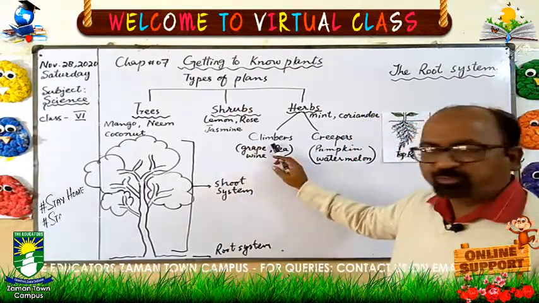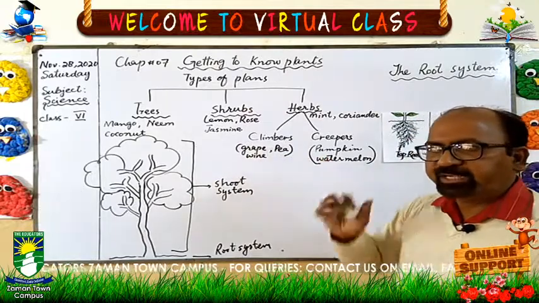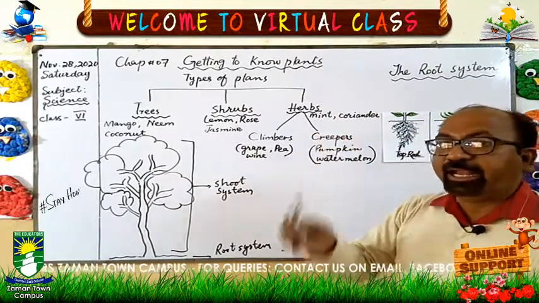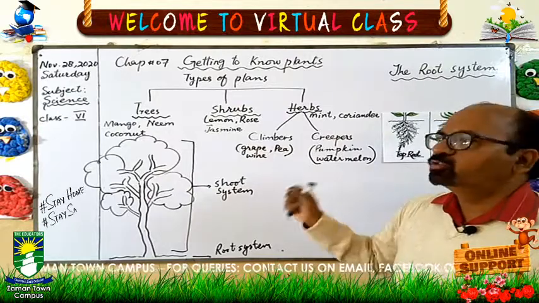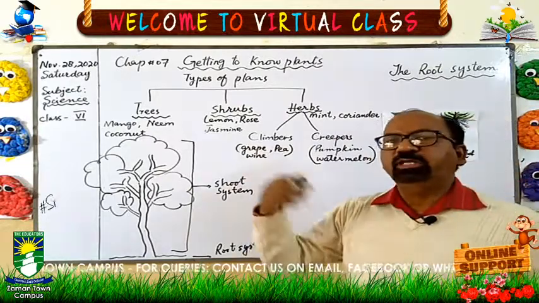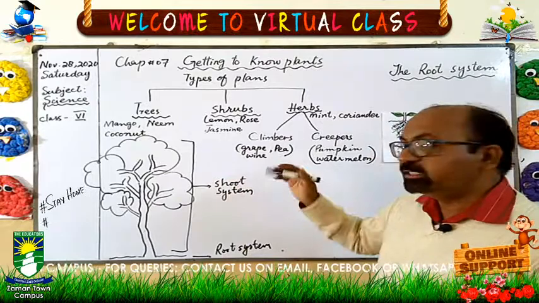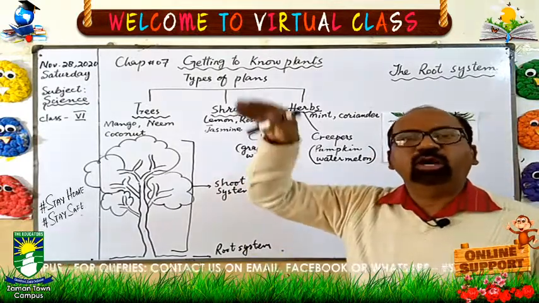So their stem is weaker. Their stem cannot stay erect in the ground, so they have to take help from other plants. They just climb the other plants and go up.